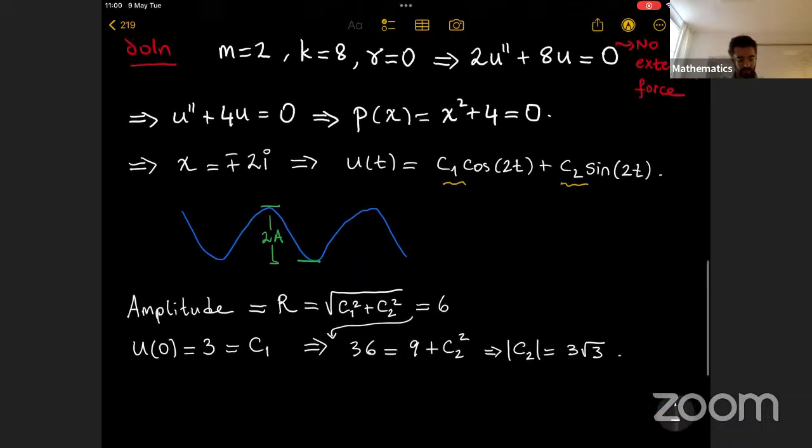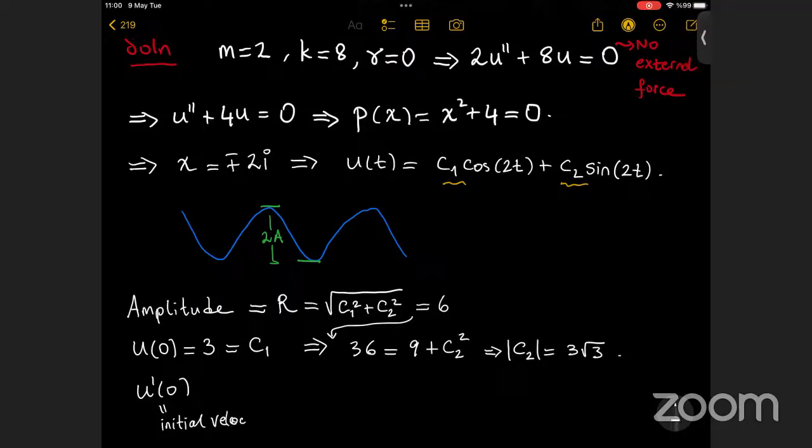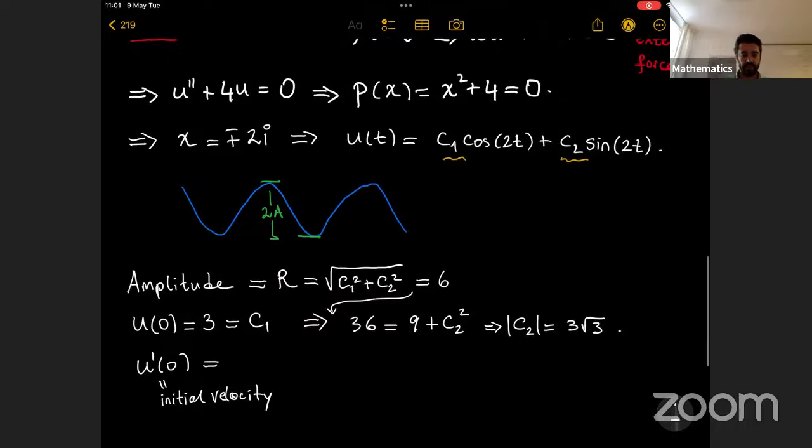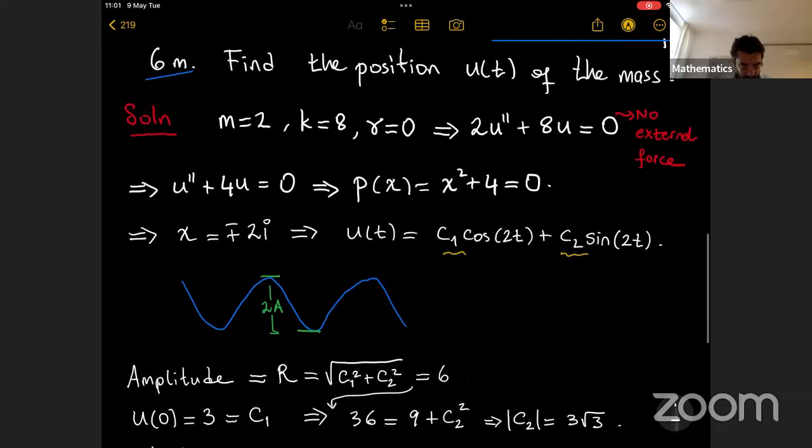So U prime 0, this is the initial velocity. Well, what is initial velocity here? You find the derivative. Let's do it.